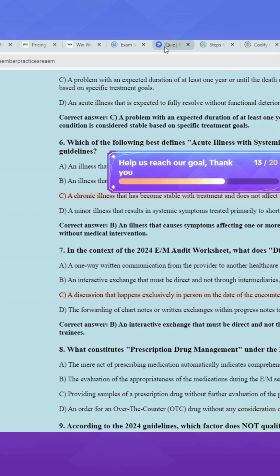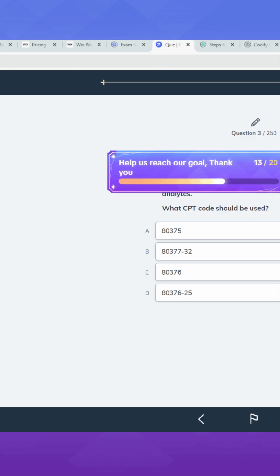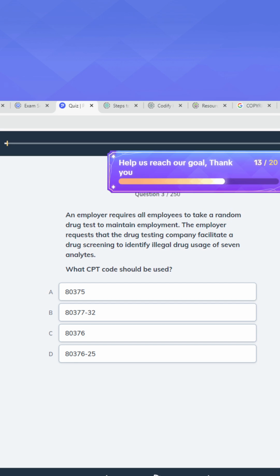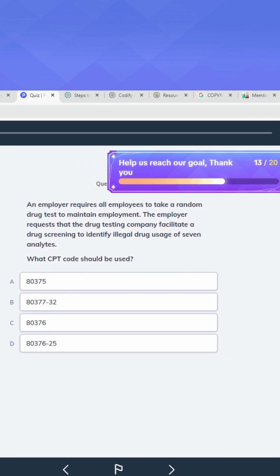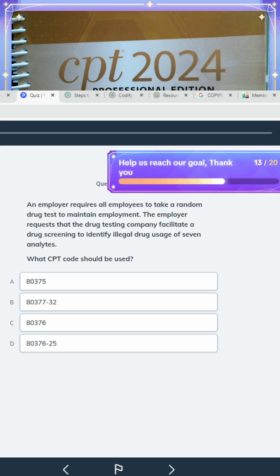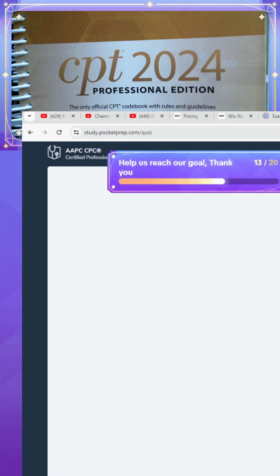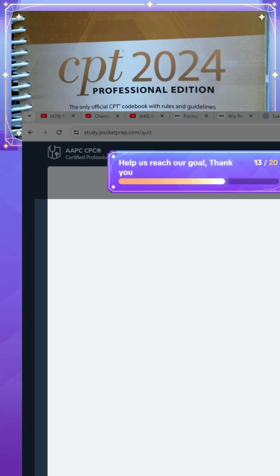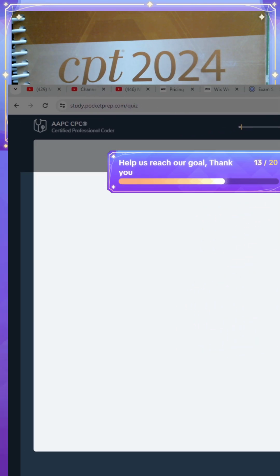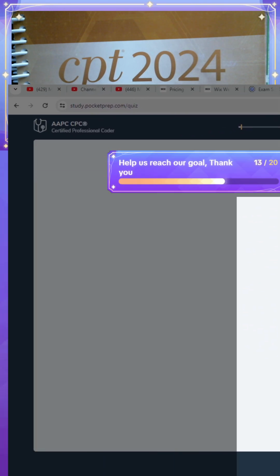Where is my pocket prep? Yeah, we got to get back to this. Did anybody come up with an answer for that one? Let me get that camera back on. And let me get this cropped back again, because that's annoying having all that extra stuff up there that is not needed.